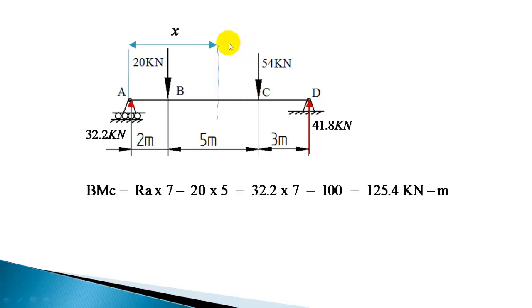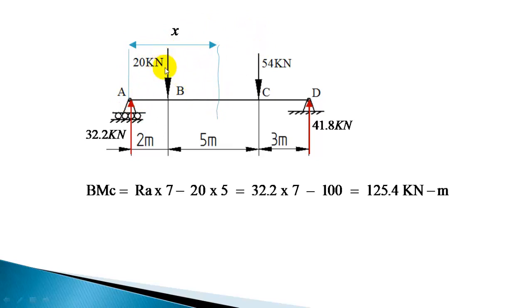Now let us take a section at a distance x. The bending moment at this particular section will be 32.2 into x. That is the moment produced by this 32.2 kilonewton force, which will produce a clockwise moment with respect to this section.